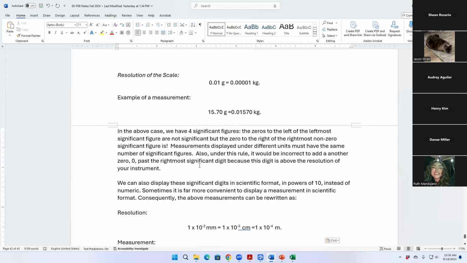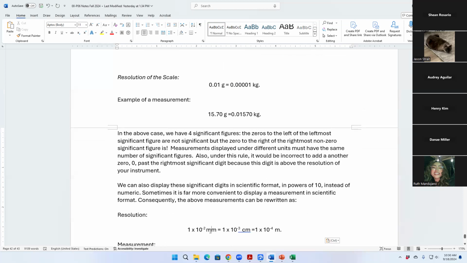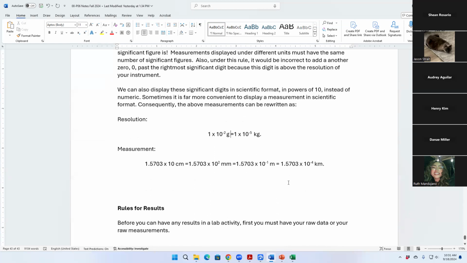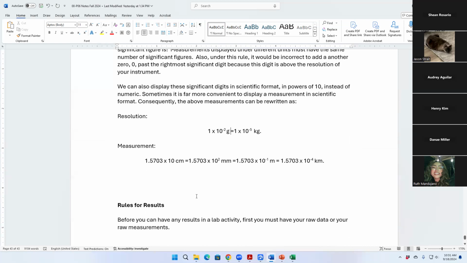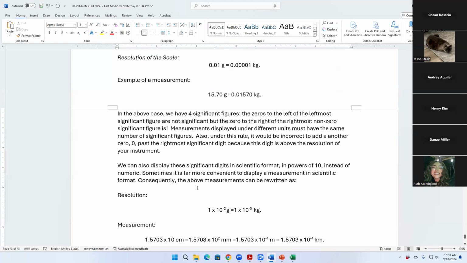And it's 10 to -2 grams, 10 to -4, right? 1, 2, 3, 4. Now it's 10 to -5 kilograms. Ideally would be to put something like that in a table format so you can refer to it more easily.